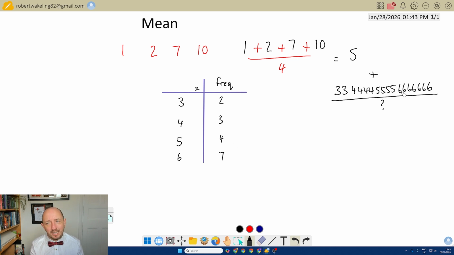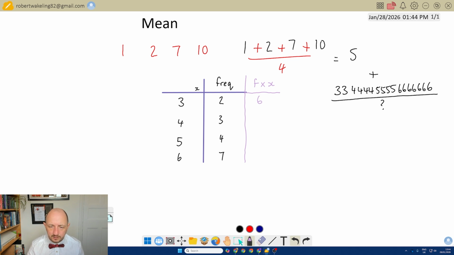So we do not want to write this out fully. We are expected to add our own column, which might not have a space for it. So we might have to add that on, which is frequency times whatever's in this X column. So if you look at the 3's, the total of the 3's is 6, 3 times 2.